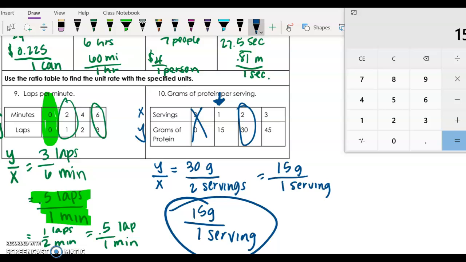So if you have a table and there is a 1 in your x row, then we already know our unit rate. It would be 15. Over on number 9, there wasn't a 1 in our x column, in our x row. So we had to actually solve to find our unit rate. But here we had that 1, and so we could have just seen that 15 was our unit rate.